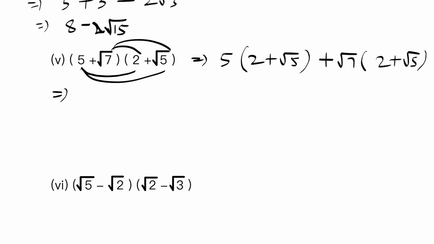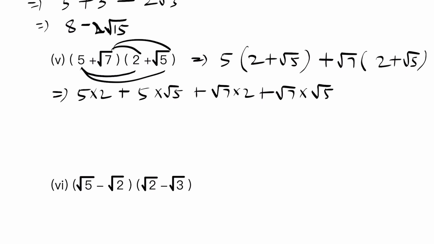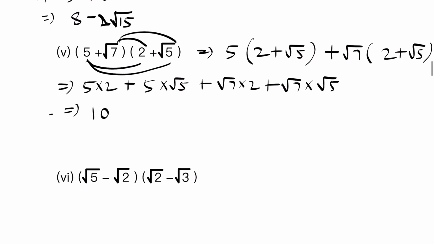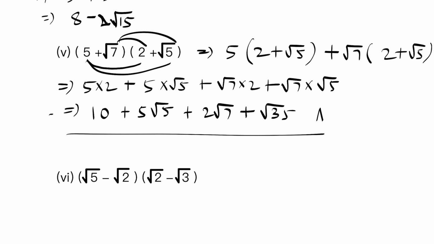This is equals to 5 into 2 plus 5 into root 5 plus root 7 into 2 plus root 7 into root 5. This will become 10, and this will become 5 root 5, and this will become 2 root 7, and this will become root 35. So this is the answer.